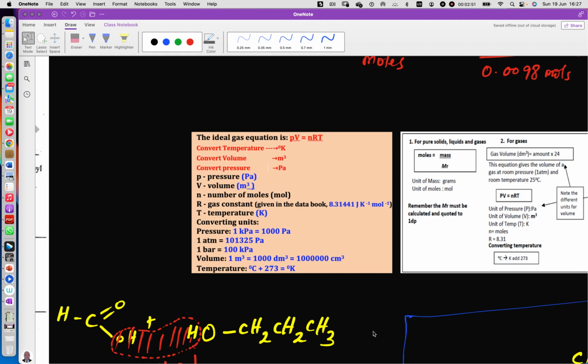Then converting atmosphere into Pascal, 1 atmosphere is 101,325 Pascal. That is what you are supposed to do.